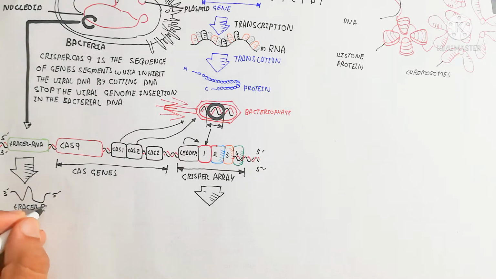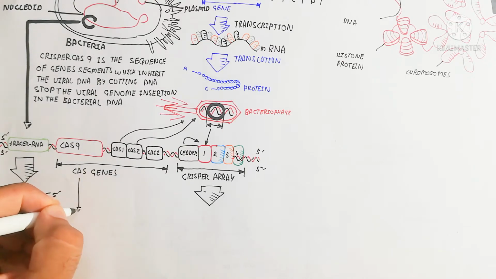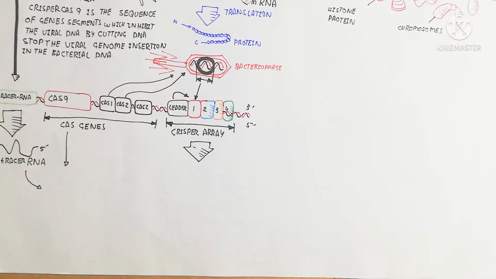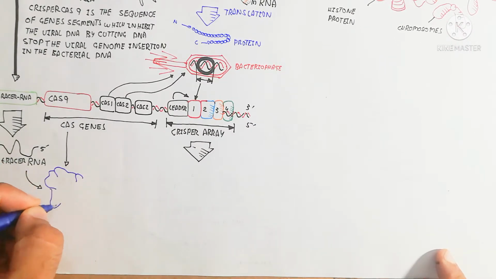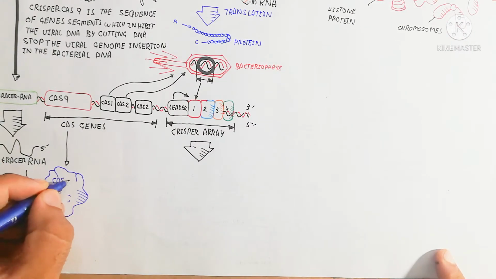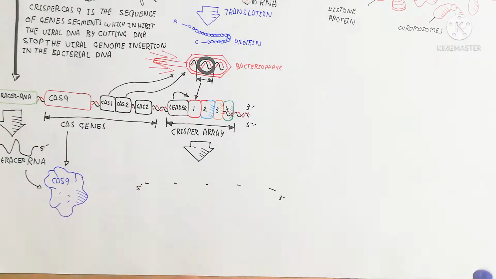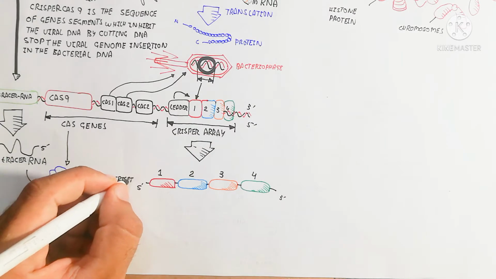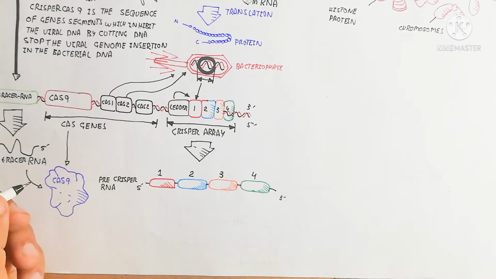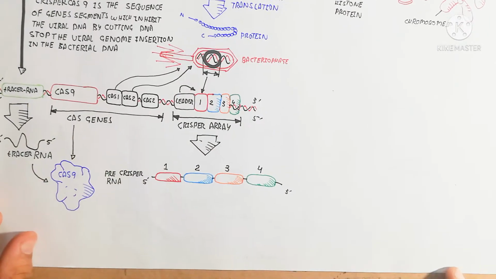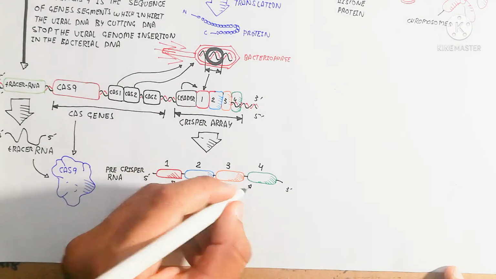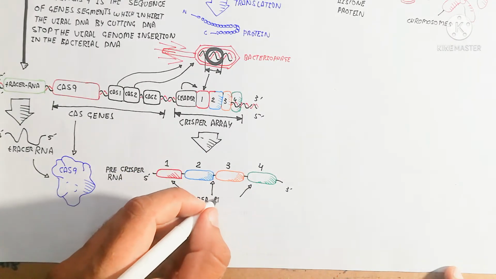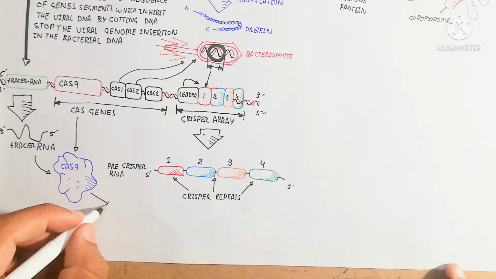So let's begin to understand the tracer RNA. Here is the bacteriophage, which stimulates the leader to produce the CRISPR array, while Cas1 and Cas2 recognize the bacterial DNA region to produce the related gene.